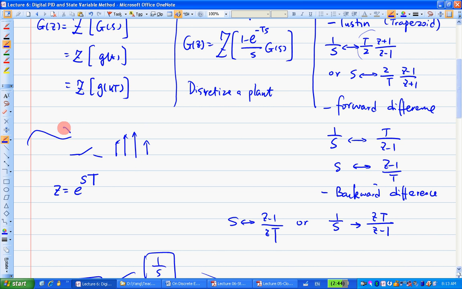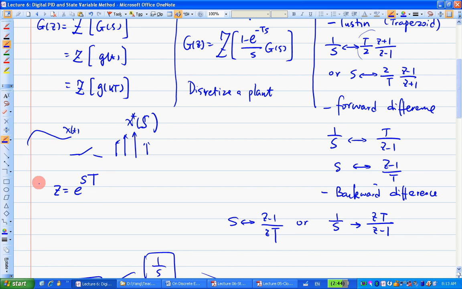Remember, this is x of t, x star of t, and then we have x of s, x star of s, and x star of s is transformed to x of z by substituting the s with 1 over T ln z, right? Do you remember that? So this is a conversion here.